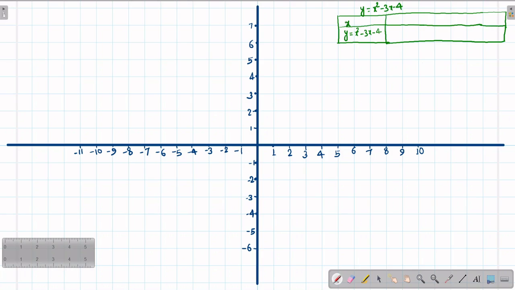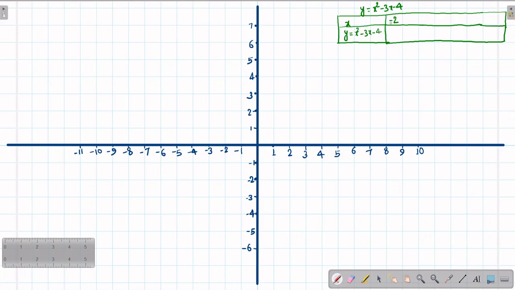Make a table and write here x, here y is equal to x square minus 3x minus 4, and you need to pick some random values of x which should not be very large. It should be like 1, 2, 3, -2, -1, 0, this type, so that you can easily calculate the value of y. So here I want to take first -2.